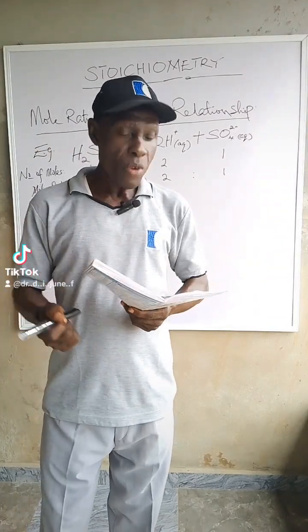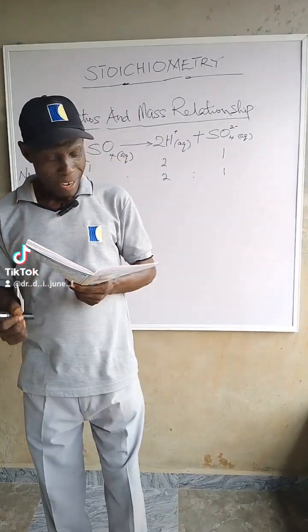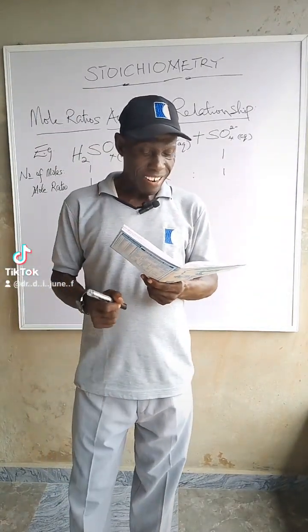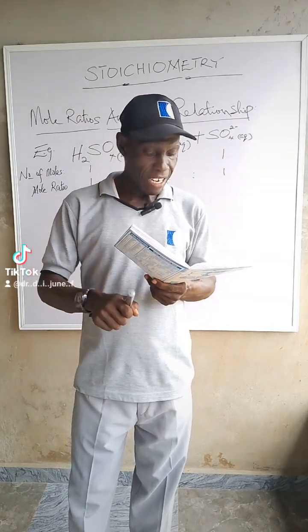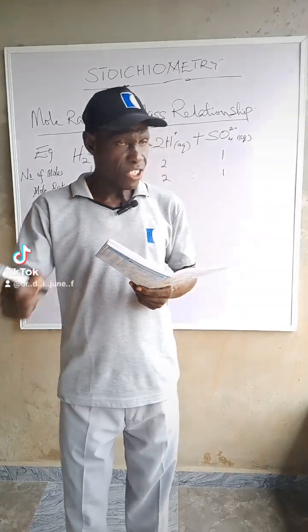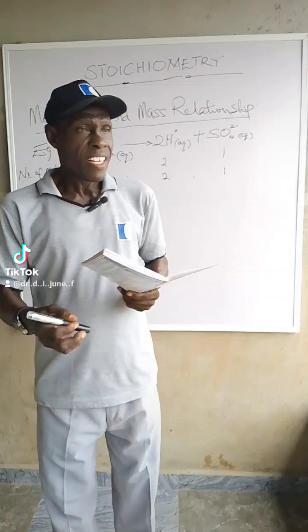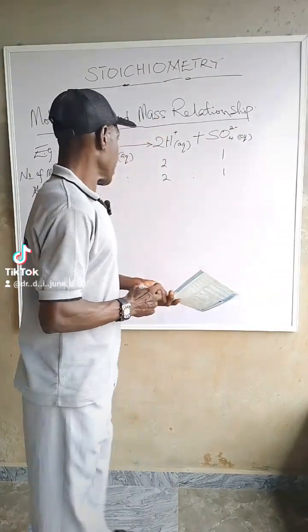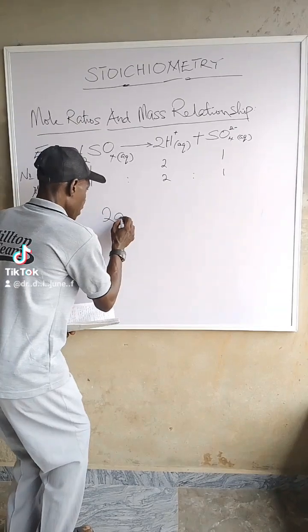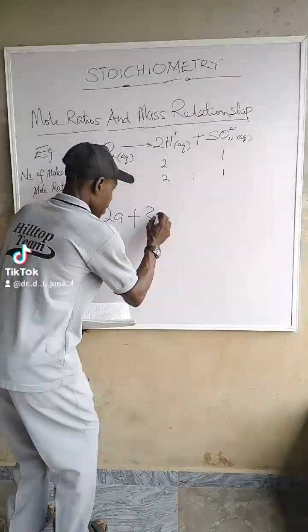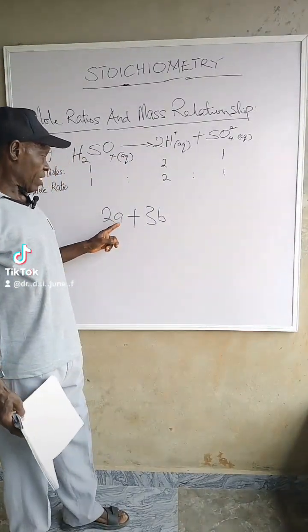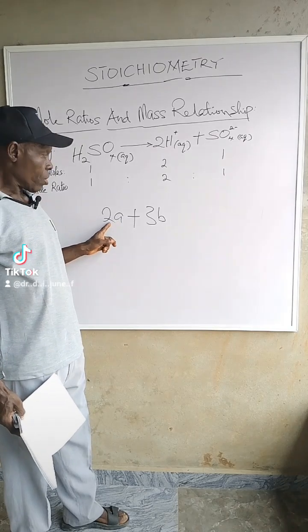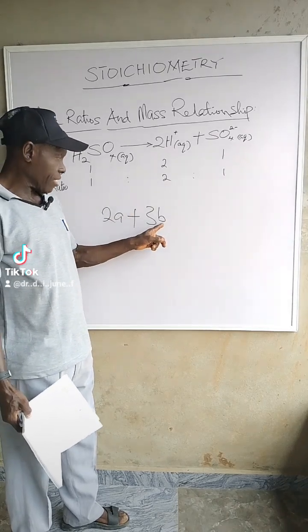Now, the numerical coefficients of a balanced equation represent the number of moles of reactants and products. Mathematically, if you say, for example, 2A plus 3B, the coefficient of A is 2 and the coefficient of B is 3.